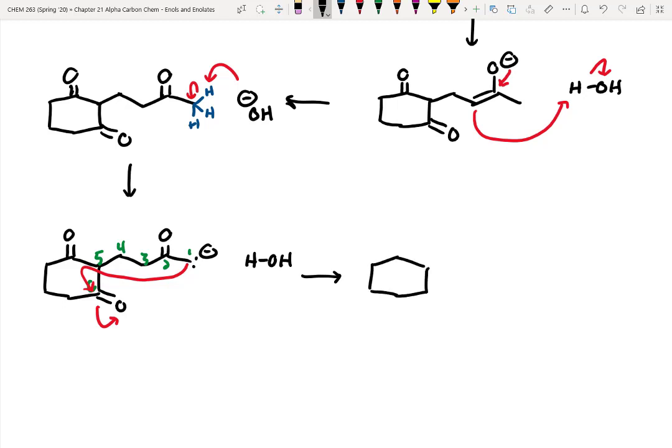I really like numbering my rings just so I can keep track of where everything's at. So carbon 5 and 6 were off of the original ring. So I'll put 5 and then 6, and then we'll go through and say 4, 3, 2, 1. All right, off of carbon 6, we still have a bond to our oxygen, but now that oxygen has a negative charge.